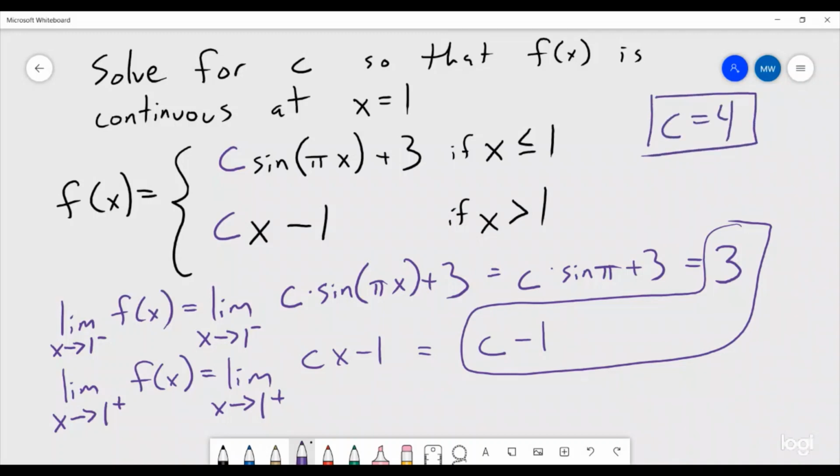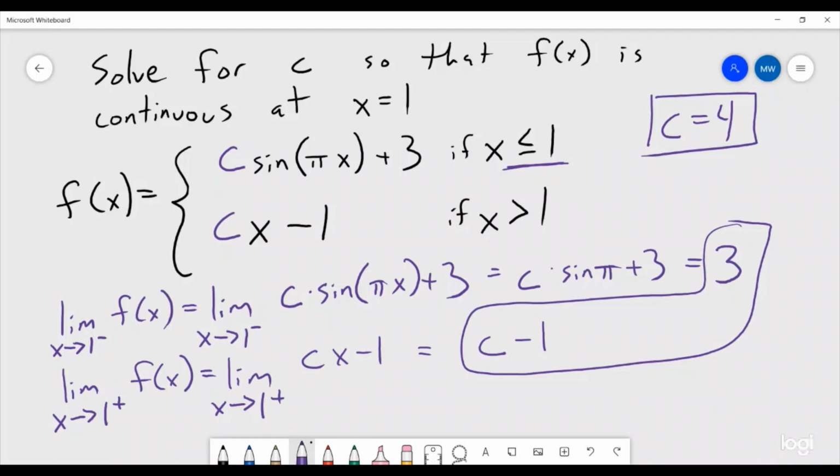Now the question is, does that also make the other conditions hold? We just made it so the limit exists. It goes to the same thing from both sides. We also have that it's defined there, because we have the possibility of x being 1. Now the last thing we have to do is include that f of 1 is equal to the value of the function there.